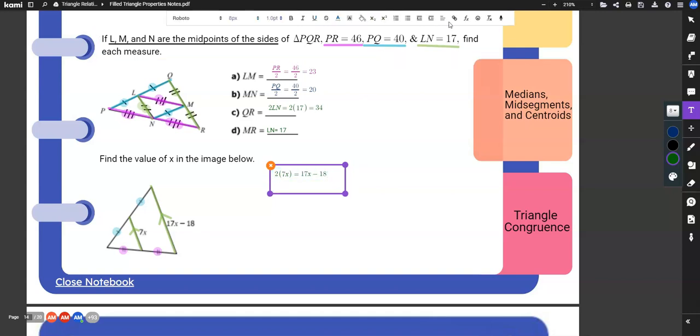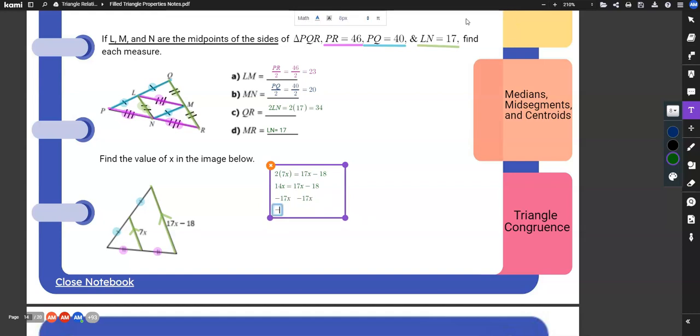Now I know normally I do try to avoid negative x's, but because 2 times 7 is 14, and that is on the left-hand side of the equal sign by itself, I'm going to end up simplifying my equation by subtracting 17x from both sides.